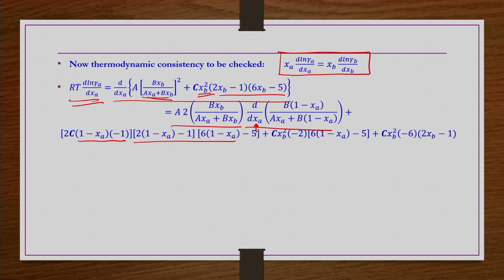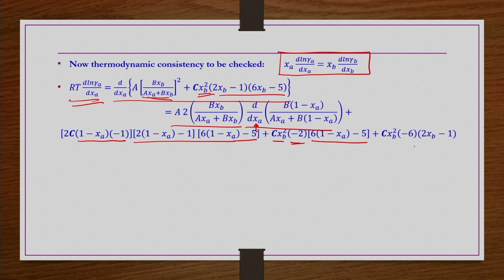Then C xb square remains as it is. Differentiation of 2 xb minus 1 is nothing but 2 multiplied by d by dxa of 1 minus Xa, that is minus 2, and the third term is as it is.